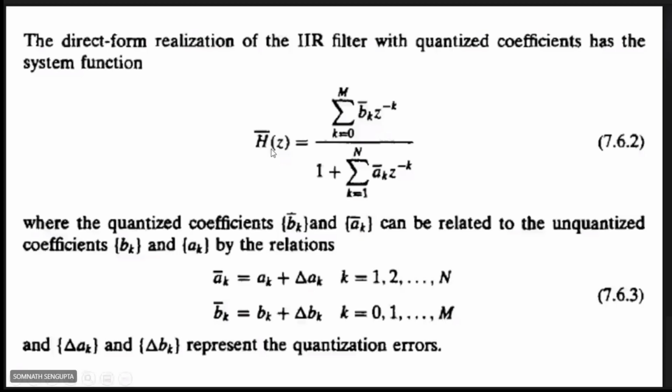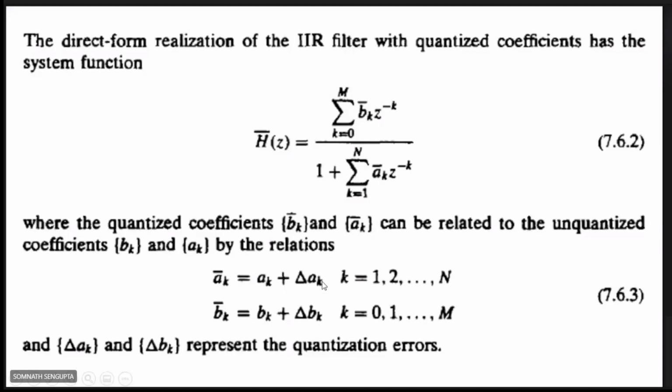Now the set of bk bar and the set of ak bar are the quantized coefficients and can be related to the unquantized coefficients bk and ak by the relations ak bar is equal to ak plus delta ak, and bk bar is equal to bk plus delta bk.